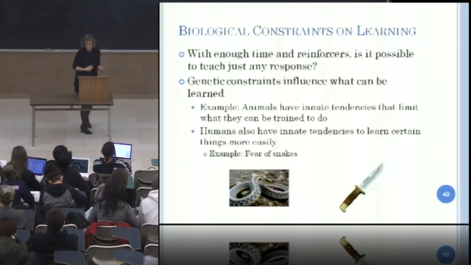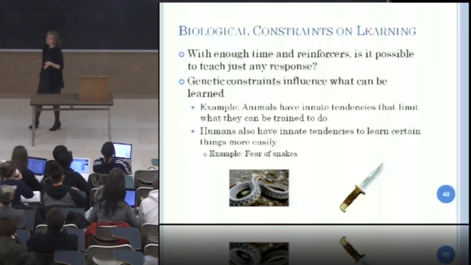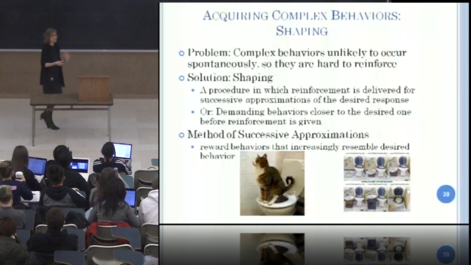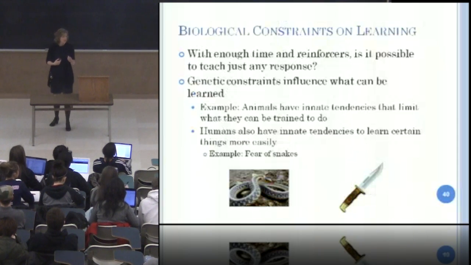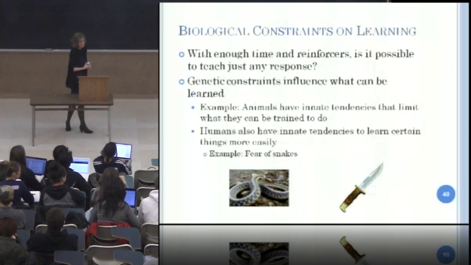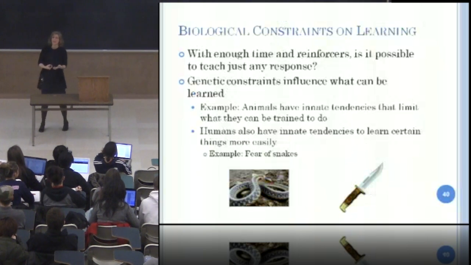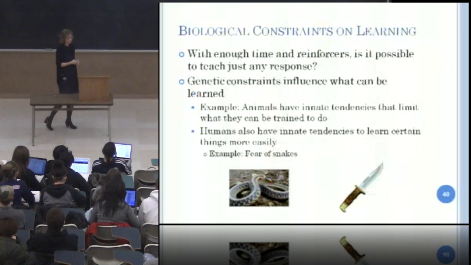So even though behaviorists believed that any behavior could be shaped through reinforcement, it might take successive approximations, right? It might take a little work, but behaviorists believed you could shape anything. However, again, there do seem to be these innate tendencies that we have that you can't violate. So no amount of training, no amount of conditioning can instill learning for certain things.